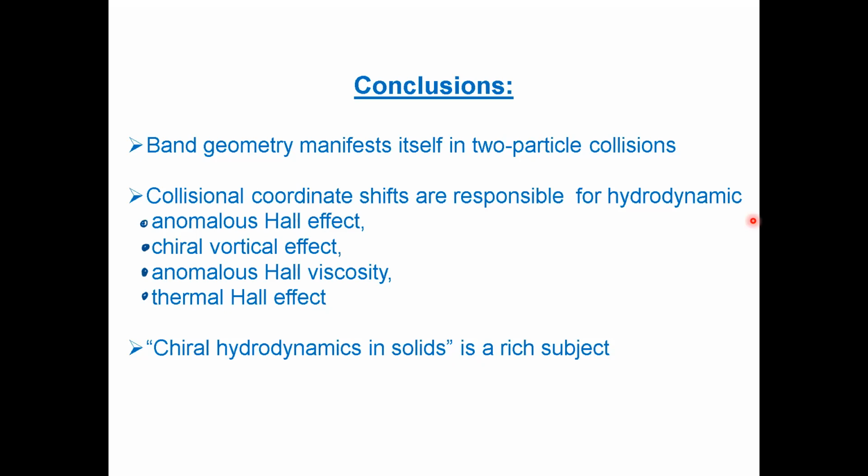So these shifts that I described take all the additive integrals of motion with them. They transfer electron number between the layers, and that was the origin of the anomalous Hall effect. But they also take momentum with them, and that leads to this anomalous Hall viscosity in the Navier-Stokes equation.